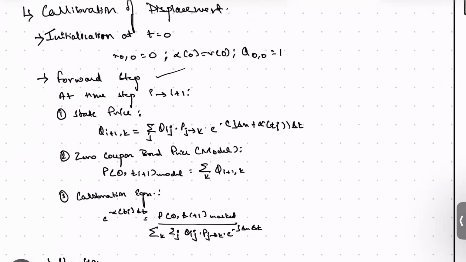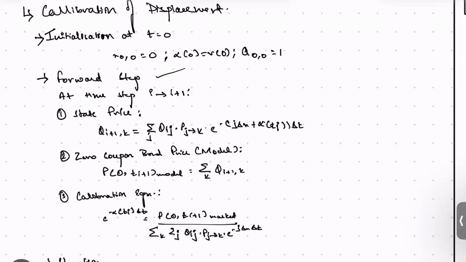Assume we have already determined the displacements alpha(tk) for all k less than or equal to i. First, we calculate the state prices for all nodes at the next time step t(i+1). A state price Q(i+1,k) is the present value at time 0 of receiving $1 if and only if the process reaches node (i+1,k). It is computed by summing the contributions from all nodes at time ti that can transition to node (i+1,k).